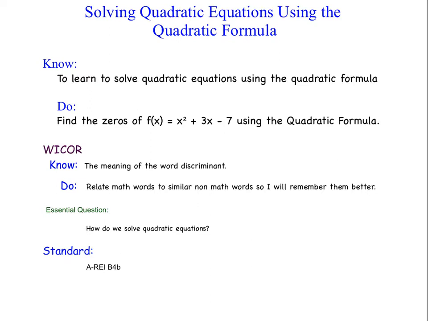So, discriminating is similar to what we're going to do today. Today we are going to learn to discriminate against the type of solutions that we're going to see for quadratic formula using a process called the discriminant. With that in mind, let's go ahead and begin our lesson for today.